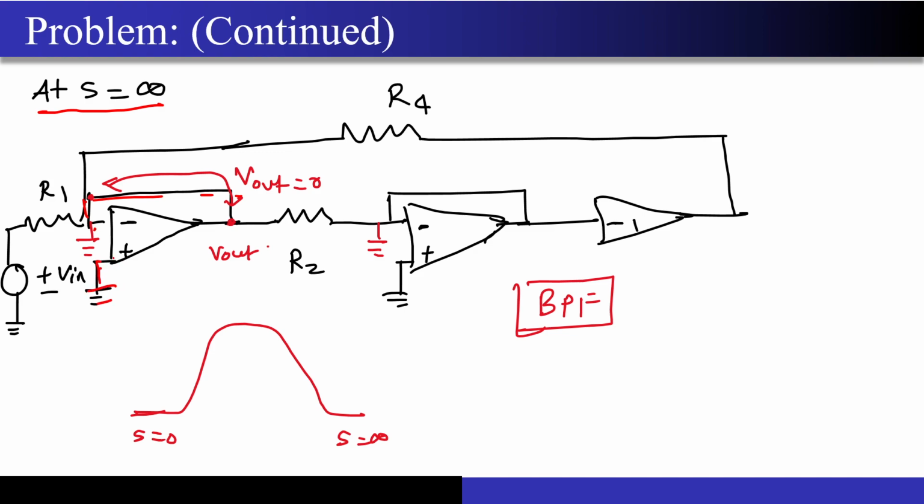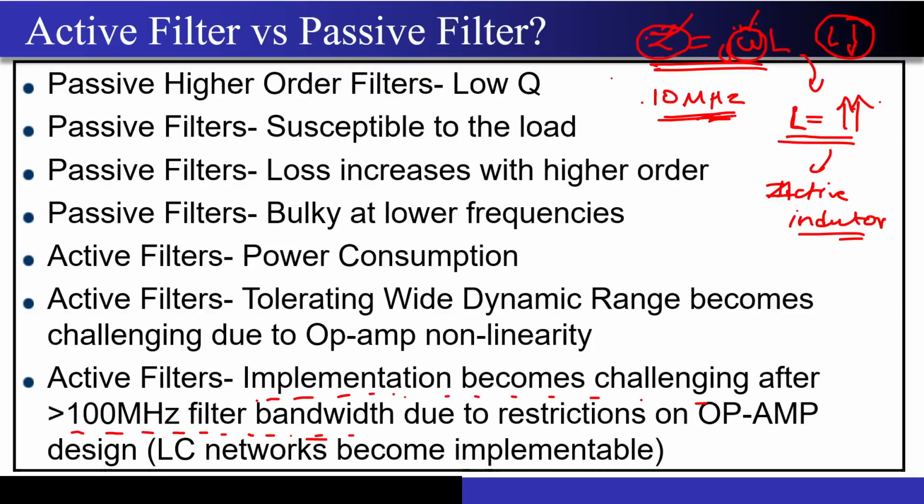The moment you apply virtual ground, this node became equal to 0 directly. So again you have Vout equal to 0. So the response that you got was 0 at s equal to 0, and 0 at s equal to infinity. So you beautifully got a band pass filter response, and this circuit was called what? Tow-Thomas biquad. Correct? I hope till this point it is very much clear.